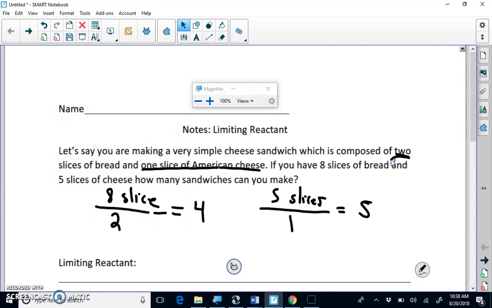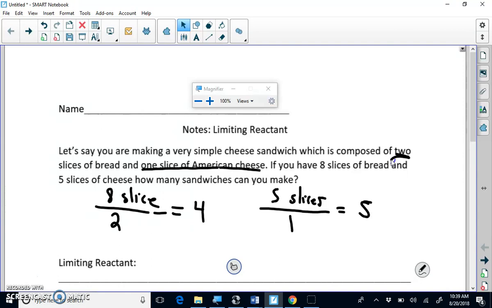The limiting reactant, or in this case the limiting ingredient, is the ingredient or reactant that limits the amount of product that you can make. So in this example, the bread is limiting, because with the bread we can only make 4 sandwiches. With the cheese, we can make 5.